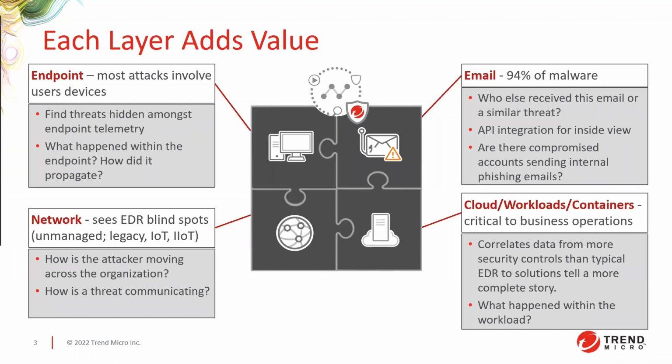On the network side of things, what I'm actually seeing more and more of in my conversations with customers is that the internal traffic is more often than not a blind spot for an organization. We invest a lot in those next-gen firewalls, but unfortunately, that doesn't help me see what's propagating or potentially spreading within my environment.